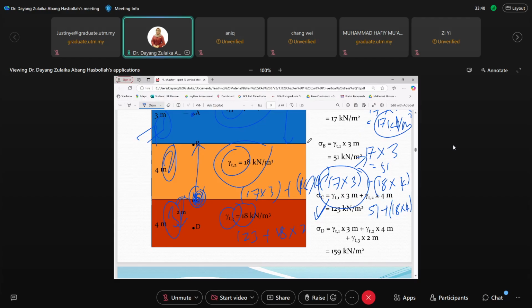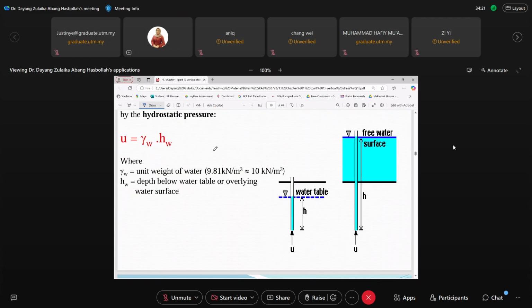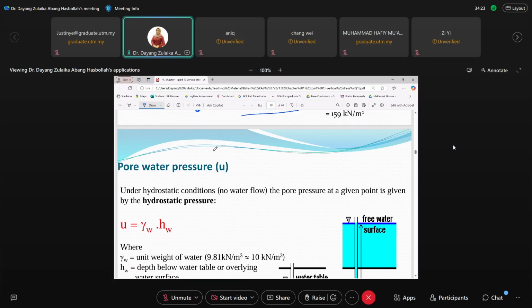The Z for D is just the thickness of this layer down to point D. Actually, what I wrote earlier is wrong because that one is times 4, but point D is located here, so this one is actually 2. Then you will get your answer. Unless point D is shifted to here, then it is times 4. Can you understand? All right, I think that is so straightforward.